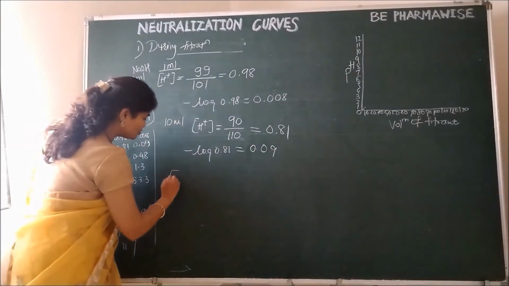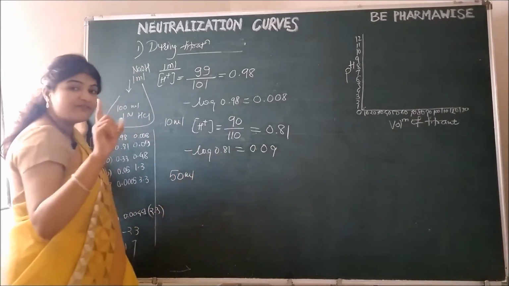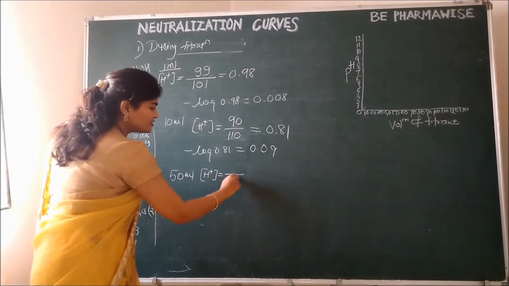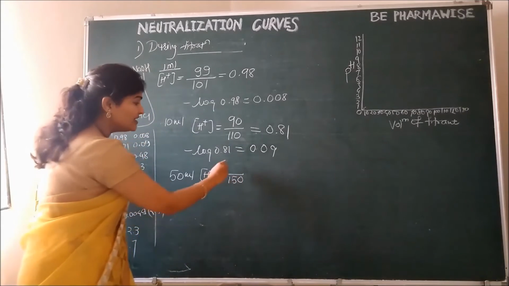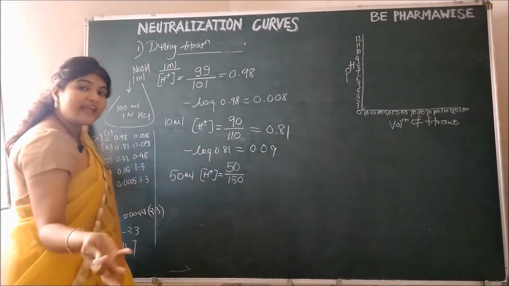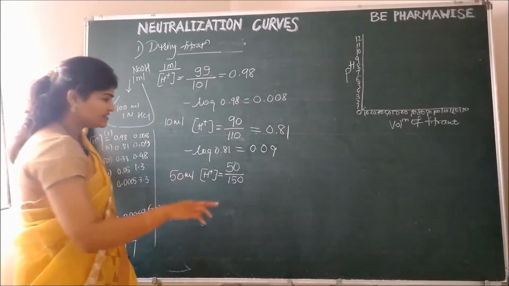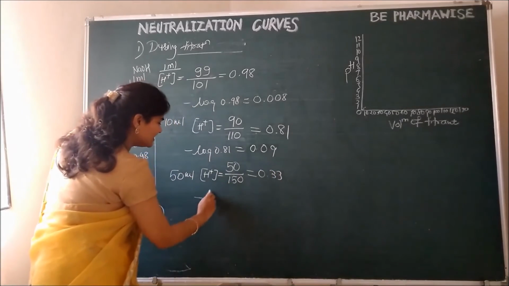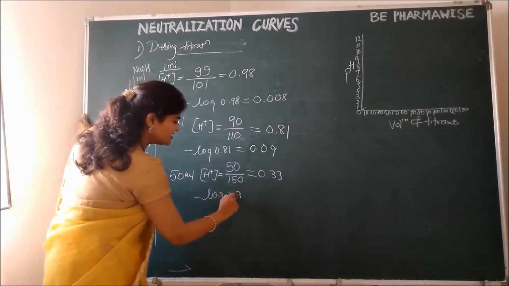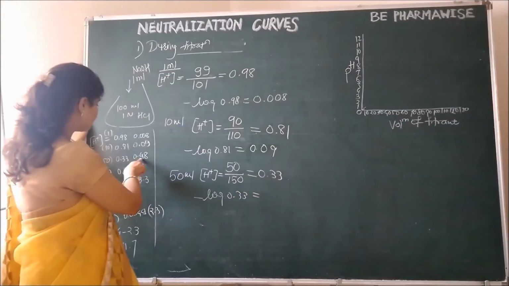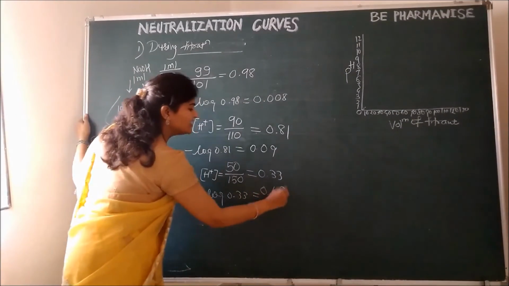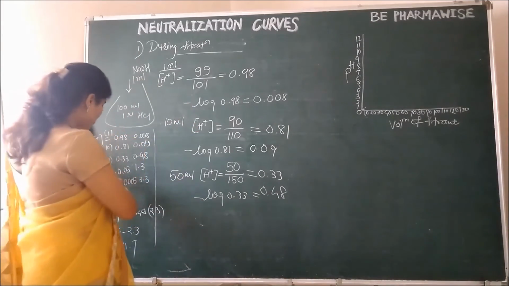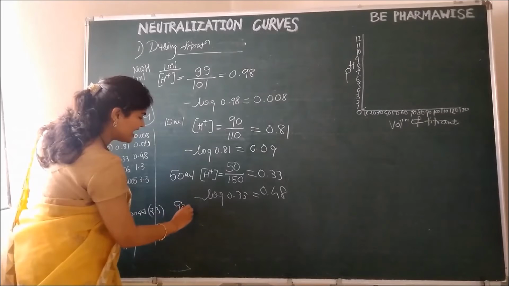Now let's go to 50 ml addition. When 50 ml addition is there, concentration of H plus, as you can guess, is 50 out of total volume 150. 50 ml must be reacted. 50 ml is present. So it comes 0.33. Negative log of 0.33 will be 0.48. So you can see the change is very gradual. Now let's move on to 90 ml addition.